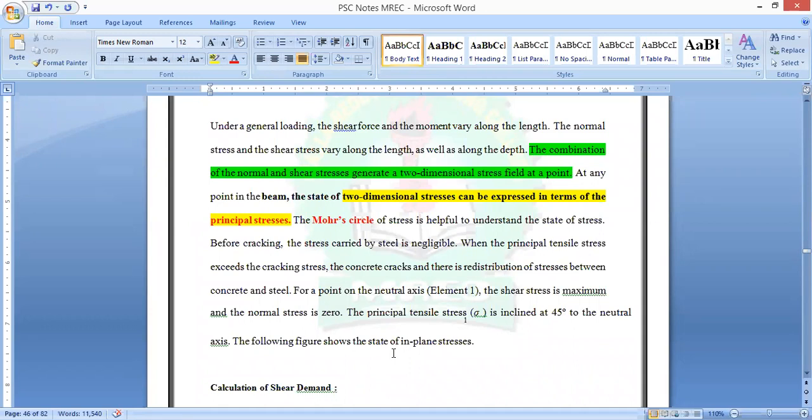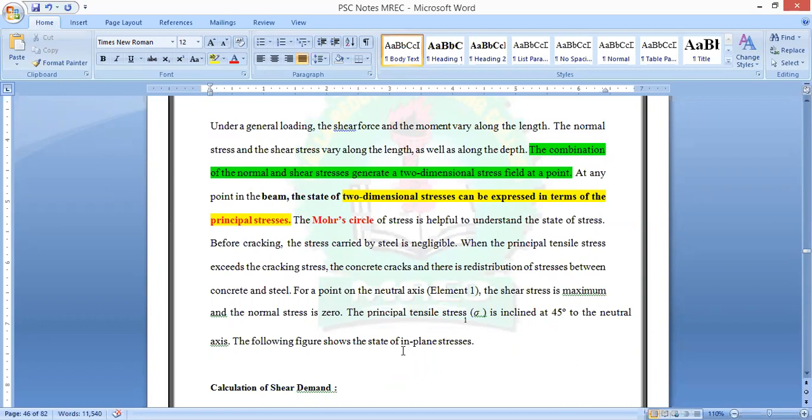Okay, so when the principal tensile stress exceeds the cracking stress and crosses beyond its elastic limit, the concrete is going to get cracked, and a redistribution of stresses between concrete and steel is going to be generated. Right? Understand? So that is what happens in a composite member when it is subjected to loads.